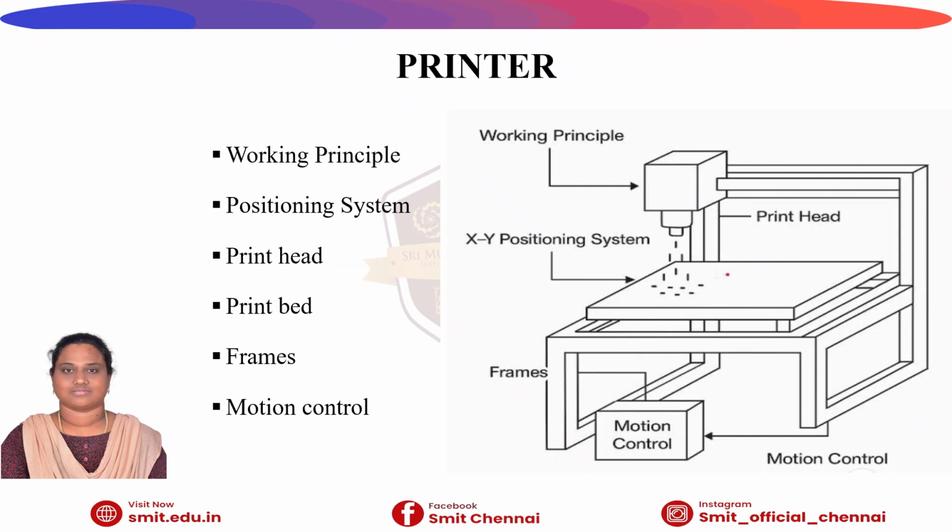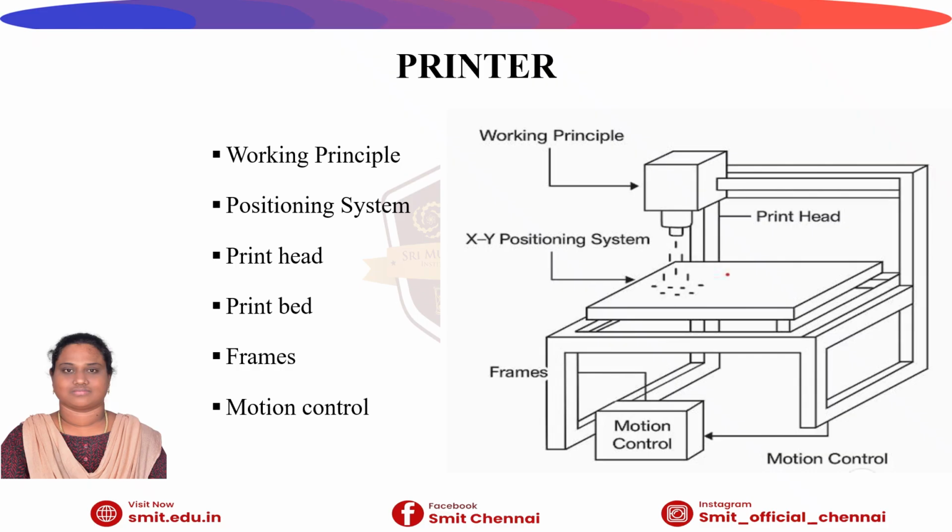Next, we can see this printer in elaborate. So in printer we are going to see about working principle, positioning system, print head, print bed, frames and motion control. In inkjet 3D printing, the print head is mounted on an XY positioning system that precisely moves across the print bed according to the digital model.